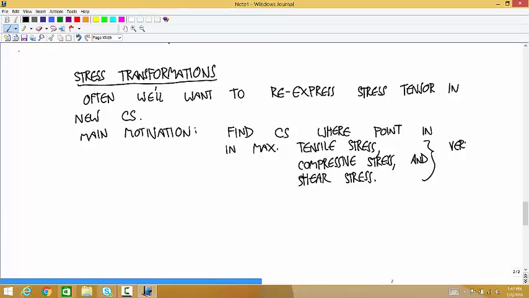And those are very valuable for predicting fracture, or any kind of damage.